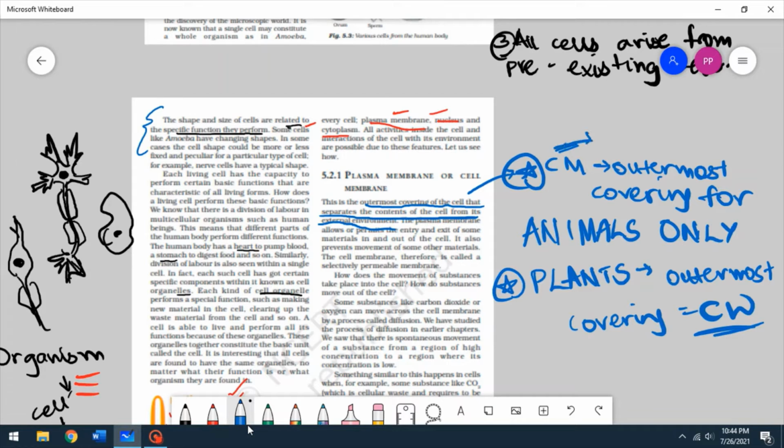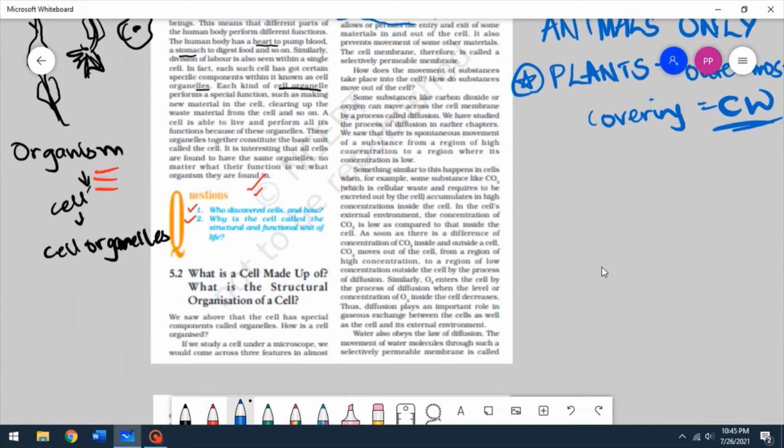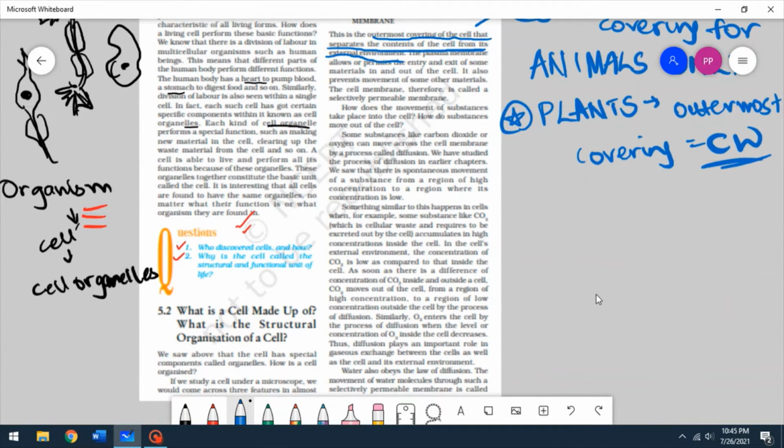This is also why the plasma membrane is called a semi-permeable membrane, or selectively permeable membrane. I think this textbook prefers selectively permeable membrane, so maybe your teachers also prefer it, and I want you also to prefer selectively permeable membrane. Therefore it's called selectively permeable membrane.